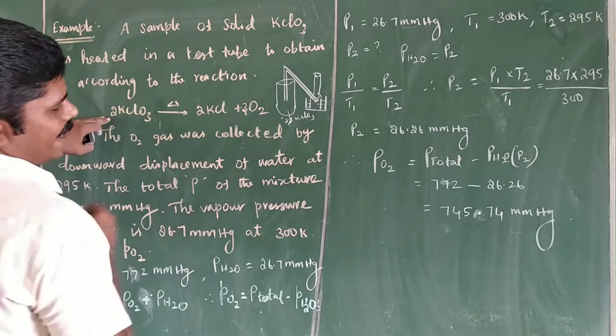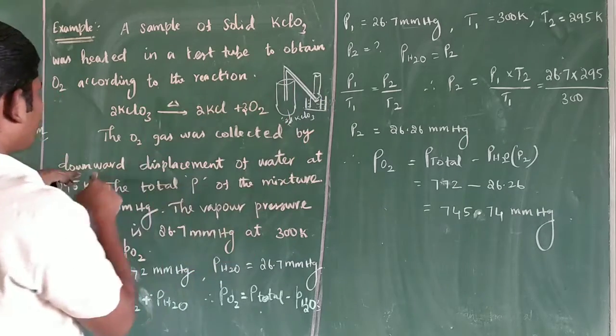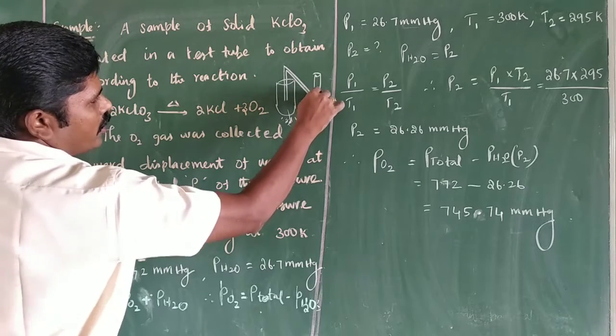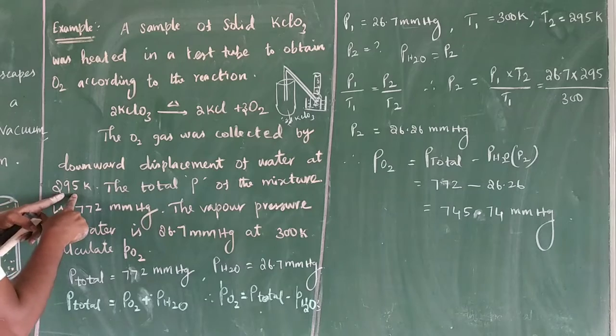According to the reaction, potassium chlorate, KClO3, is heated to give potassium chloride and oxygen. The O2 gas was collected by downward displacement of water at 295 Kelvin.